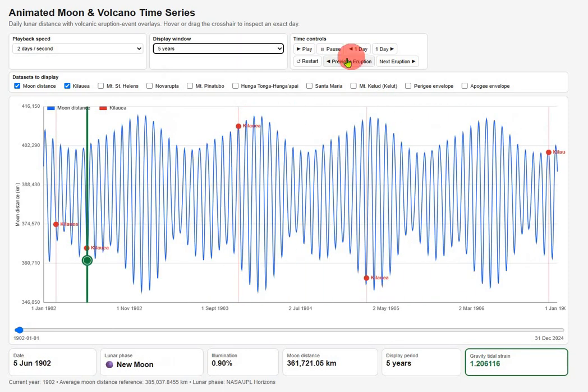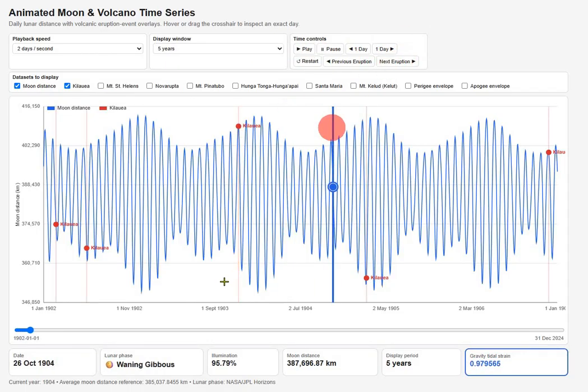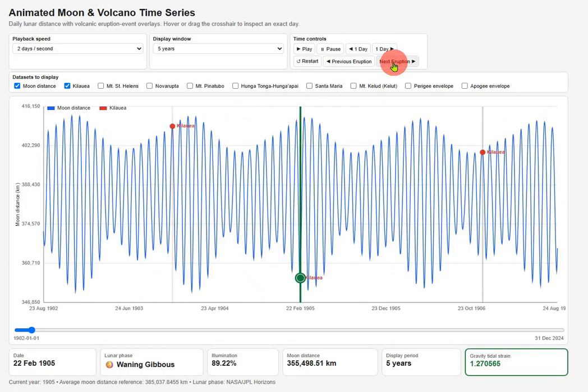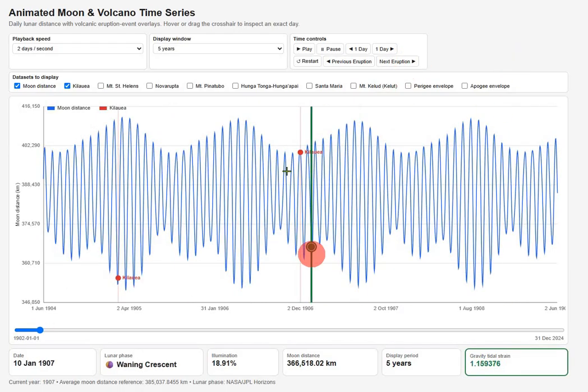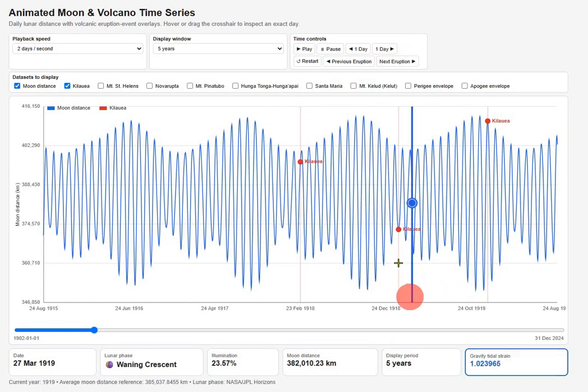So I'm going to put on 5 years, and we're going to go through the next eruptions. This eruption's at apogee, near perigee again. Near apogee, and in this small range here of the tightened flow. Here we are, the eruption happened at perigee.